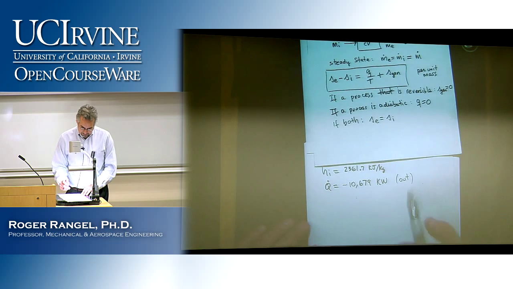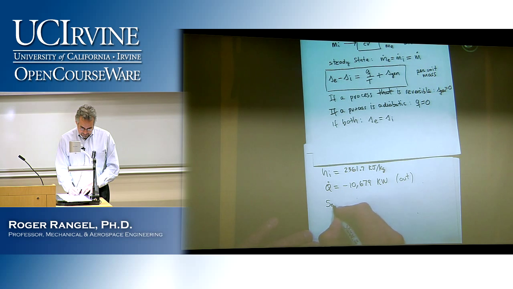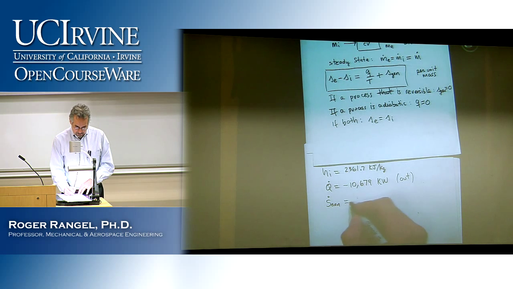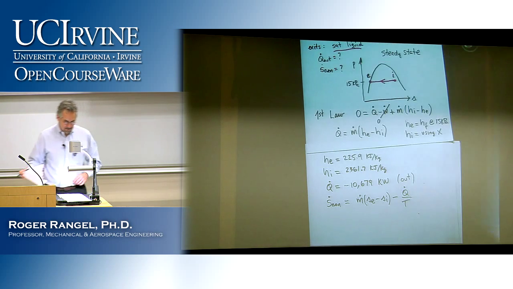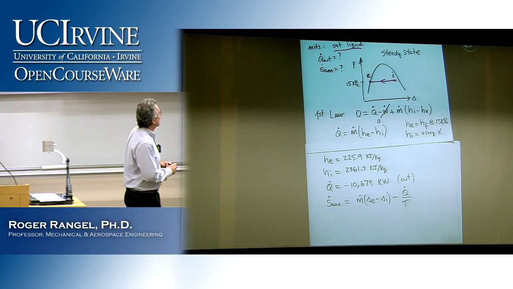But let's go ahead and write it down then. Multiplying times M dot, then we get S generation dot is equal to M dot times Se minus Si minus Q dot over T. So I just put that equation there and verify that I have everything I need to do that calculation.